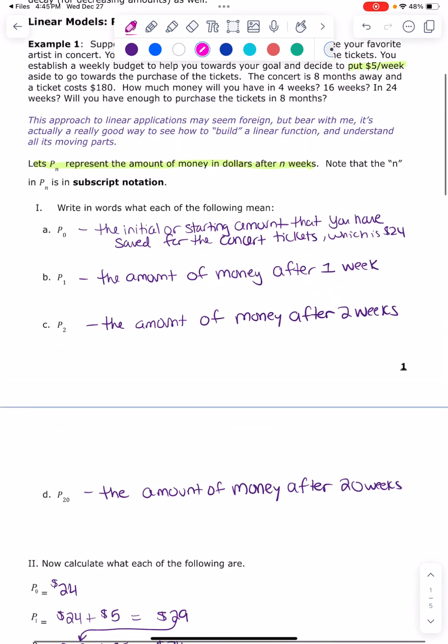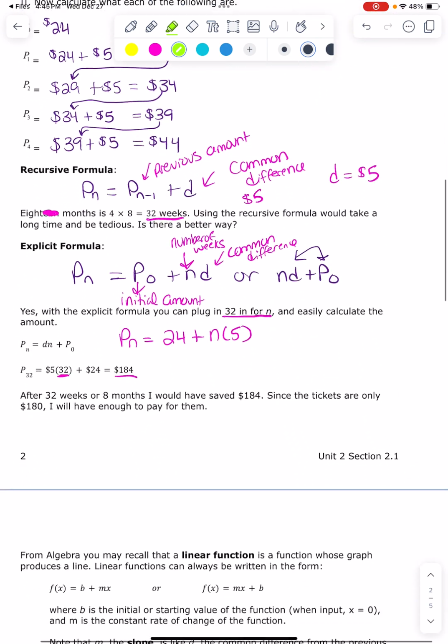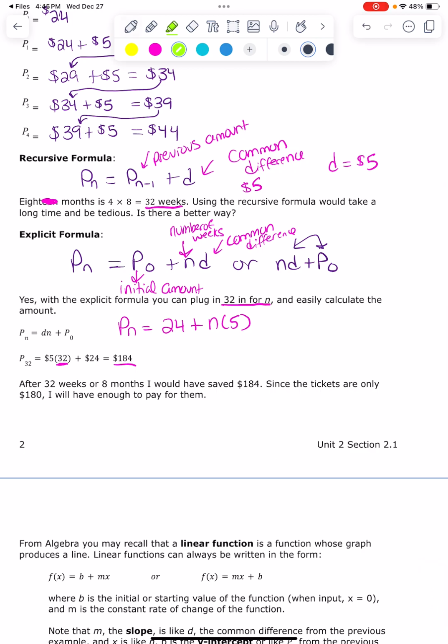By the way, if you wanted to answer the questions that were actually here, the 16-week and the 24-week we didn't do, you would probably want to use the explicit formula. So I would do P sub 16 is equal to 5 times 16 plus 24. So that's $104. I'll double check that, but I'm pretty sure my arithmetic is right. Yep.